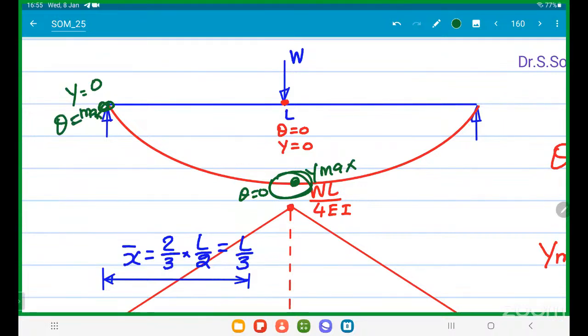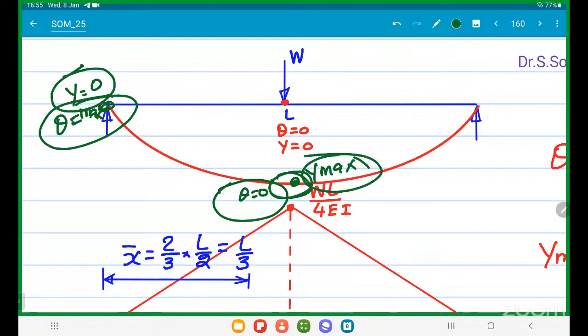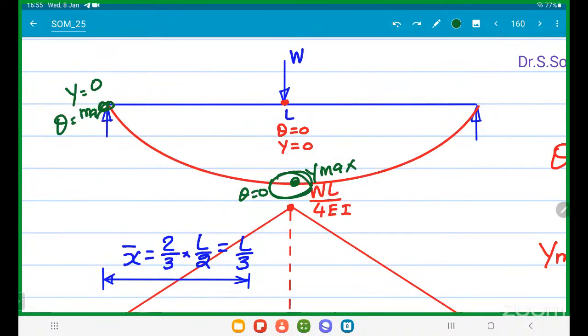Now see the combination. Sir, zero deflection is here, zero slope is here. Maximum slope is here, maximum deflection is here. So both are in different locations. If you are following Otto Mohr's instruction, he is our friend, the Mohr circle person.